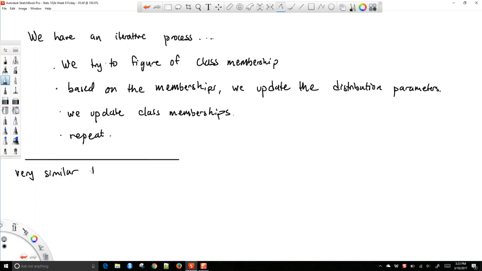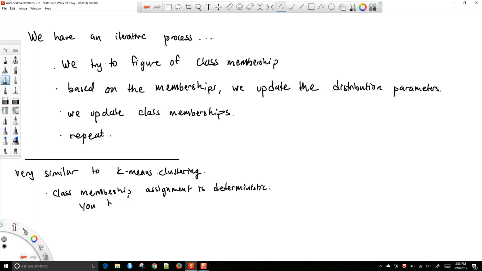So very similar to k-means clustering, but there the class membership assignment was deterministic. We said, you belong to the cluster whose center is closest.